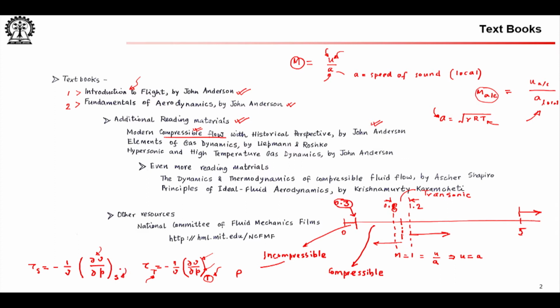We will talk about what isentropic is, but at this point you can just think of isentropic as something that is adiabatic, that is, there is no heat transfer in or out of the system, and also there is no dissipation. So, for example, there is no friction. So, if there is a combination of no heat transfer and no friction, you can consider some of these experimental processes as isentropic.